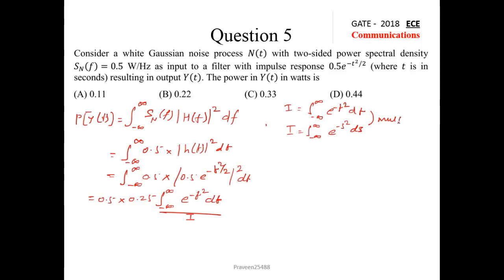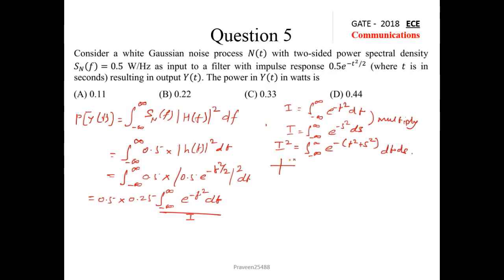Now multiply both the equations. So it would be I square is equal to the double integral from minus infinity to infinity of e to the power minus (t square plus s square) dt ds.